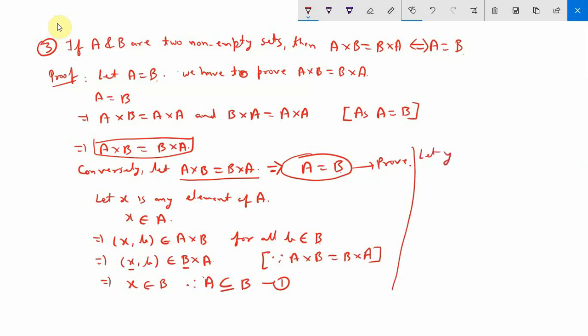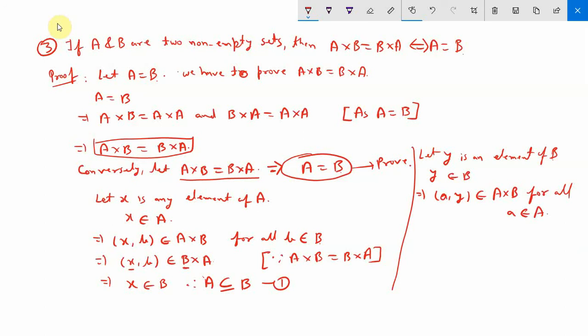Let Y be an element of set B. So we may write Y is an element of B implies that the ordered pair AY is an element of A into B for all A an element of set A.